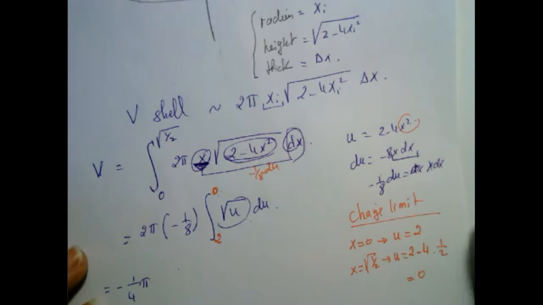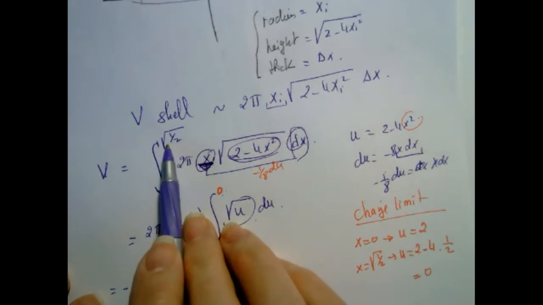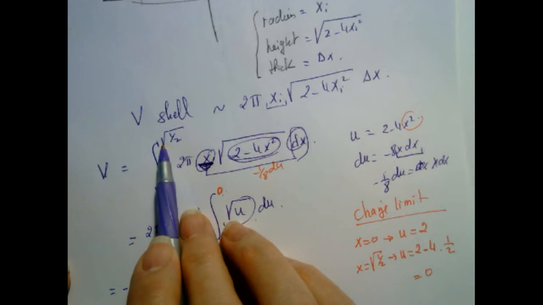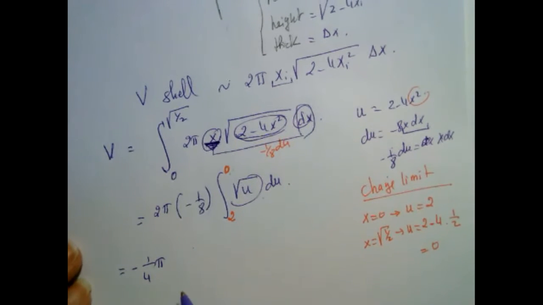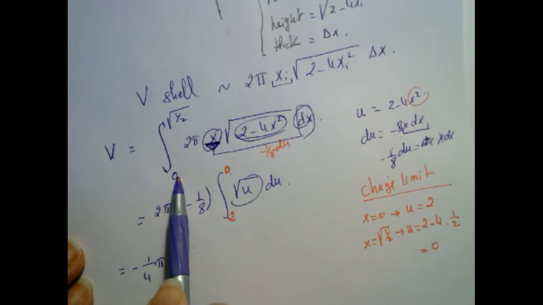Got it? Okay, somebody else tells me, wouldn't the upper limit be 2? This one? Tell me yes or no. He means the one below, the square root of u, right under.